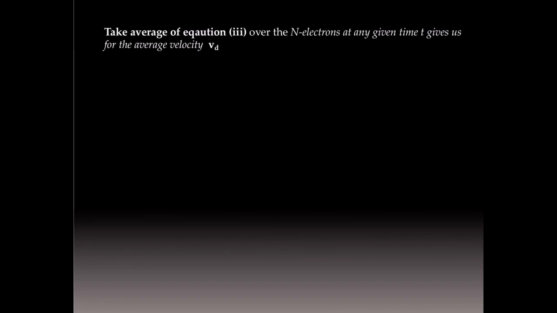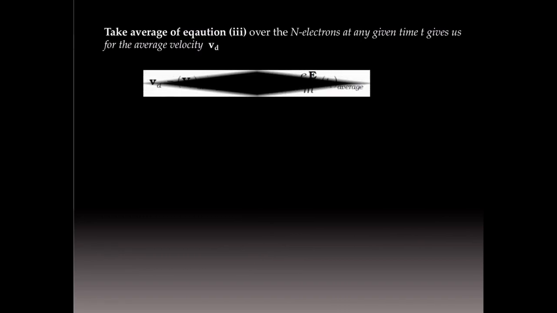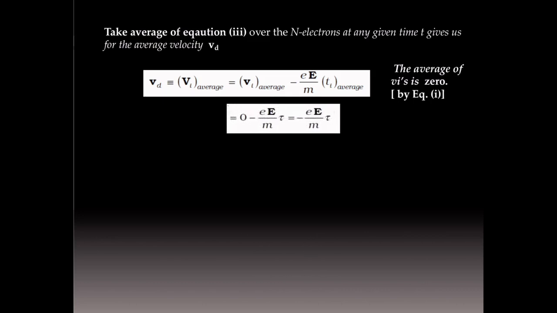If we take the average of equation 3 over the n electrons, then we will get the average velocity Vd. So the average velocity Vd equals Vi average, which is small vi average minus eE by m ti average. By equation 1, small vi average is equal to 0 because it is the expression for thermal speed.